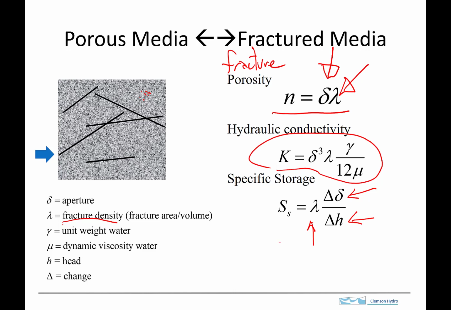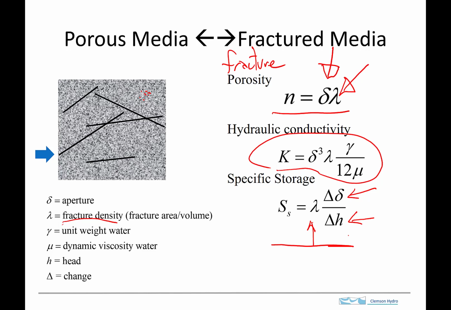What this is doing is recognizing that the specific storage of a fracture depends on the compliance of the fracture and how readily the aperture changes in response to compression or extension of those asperities that we saw that were holding the fracture open.